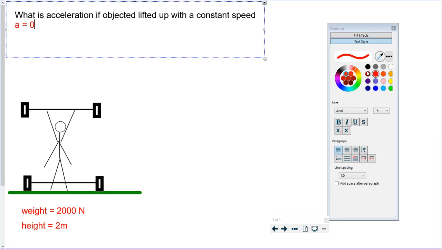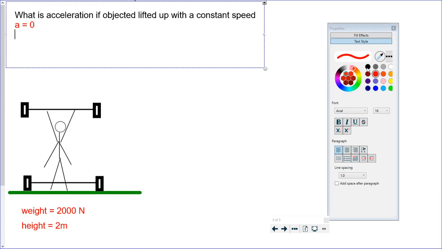Is that okay? So if this is 0, the next question: what will be the resultant force acting on the object? As we are lifting it up, what is the resultant force acting on the object? That's right, Aisel.